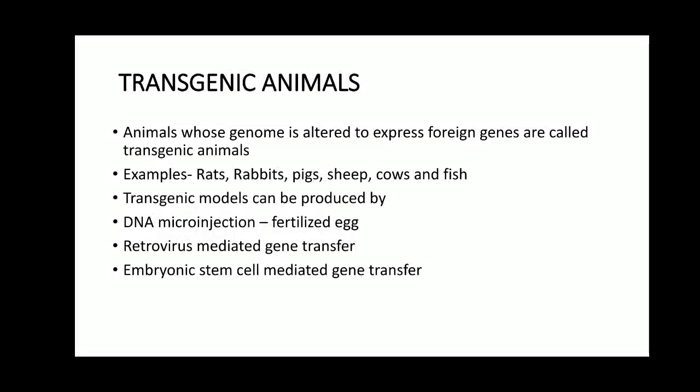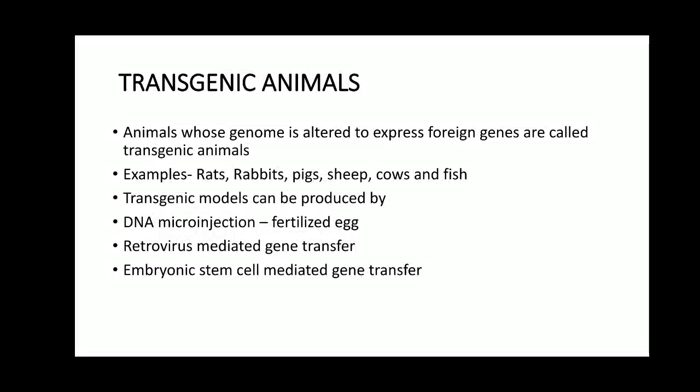In DNA microinjection, it is a direct injection of the recombinant DNA or the foreign DNA, or a functional gene you want to introduce, using micropipettes, microneedles, or capillary tubes, directly into the nucleus of the fertilized egg.